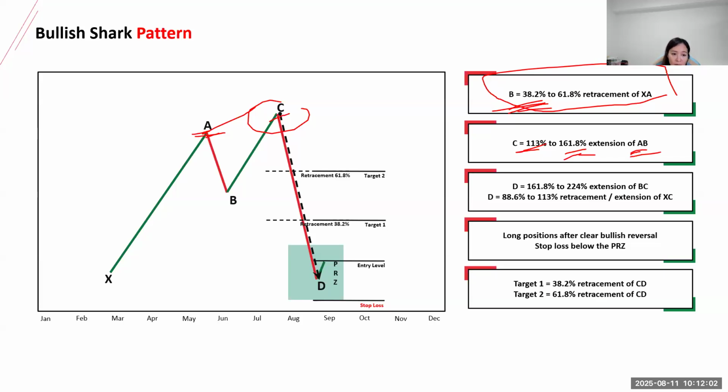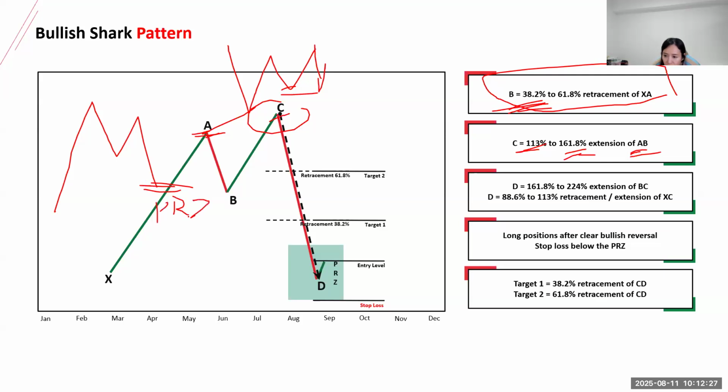So to me, I personally don't trade with harmonic patterns unless I spot an M pattern or a W pattern. Then I will consider the harmonic pattern. If I spot that, then I'm going to sell here. Or if I spot the W pattern, I see the confirmation at the PRC zone somewhere around here, and I'm going to buy.